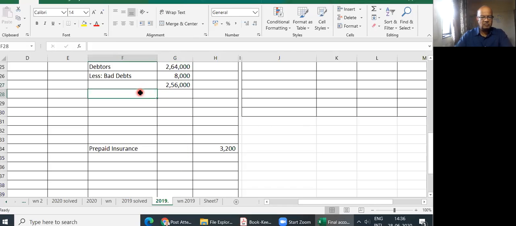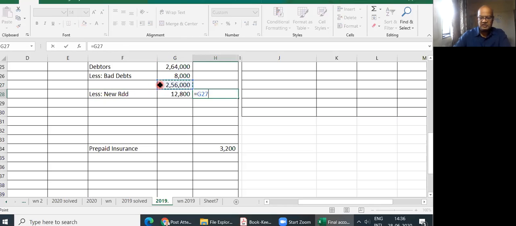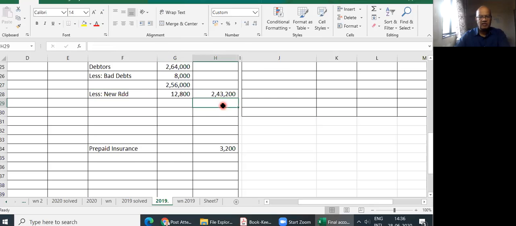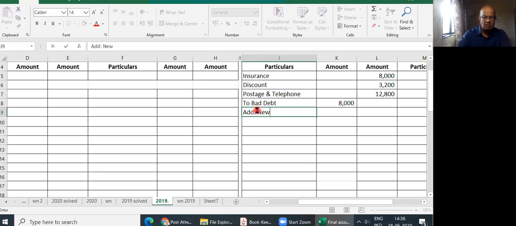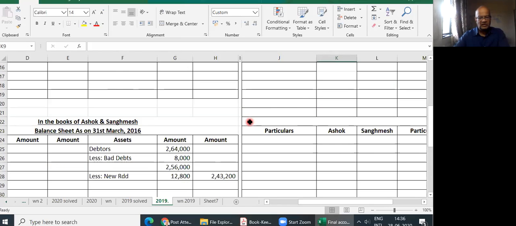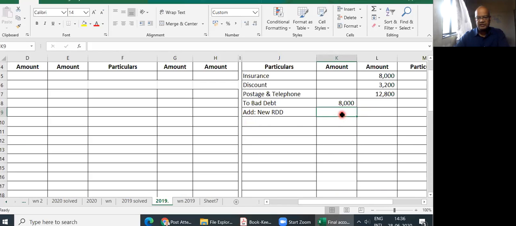So less new RDD 12,800, and in the outer column this minus this. Now this RDD we will add: add new RDD, the amount is 12,800.